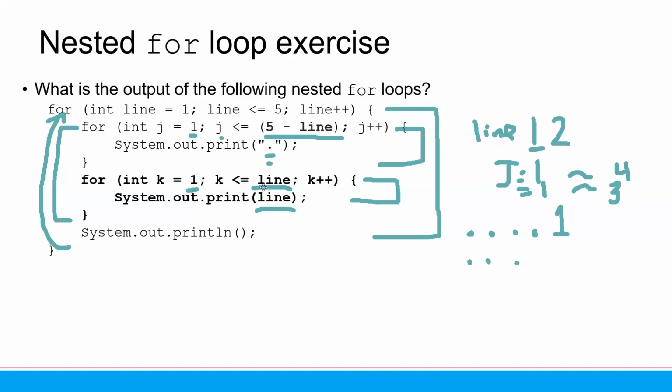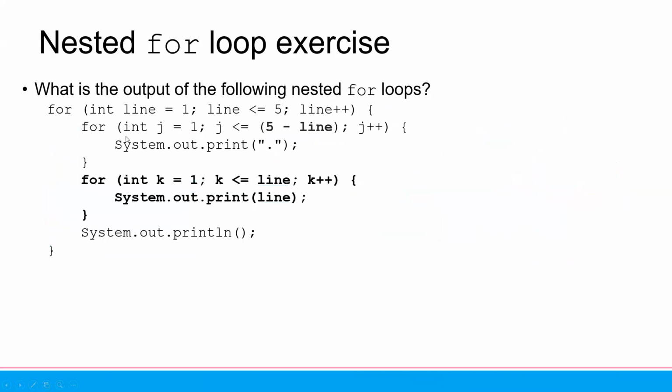And we have another loop from 1 until the line. Line is 2. So there will be a number 1, 2, and we want to print the line. Then we will print 2 for 2 times. And so on. And you will see the result is something like this.